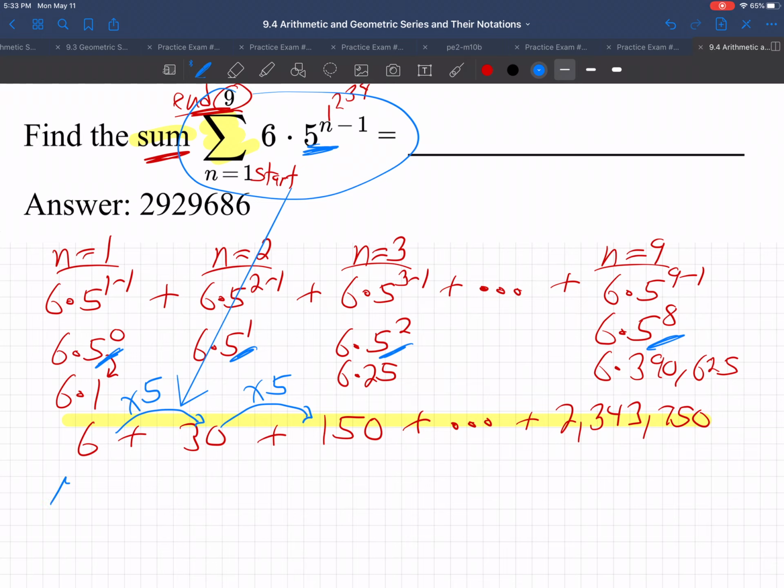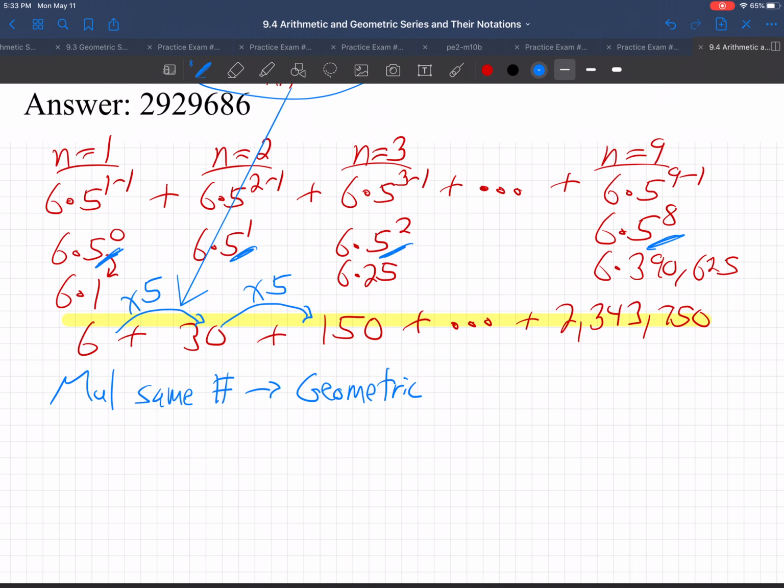So when you're multiplying by the same number each time, what does that mean? Are you arithmetic or geometric? That's geometric, isn't it? That's a geometric sequence of terms. And then we want to add them up, so we need the S sub n formula for geometric, right? So that's going to be, what is it?